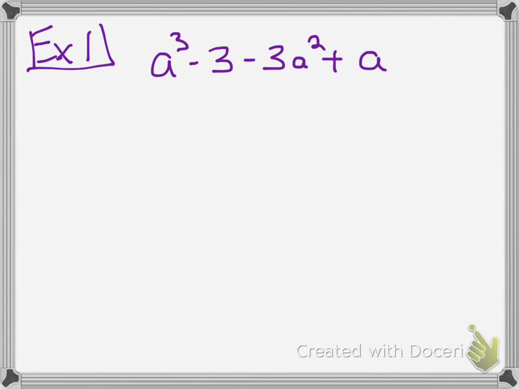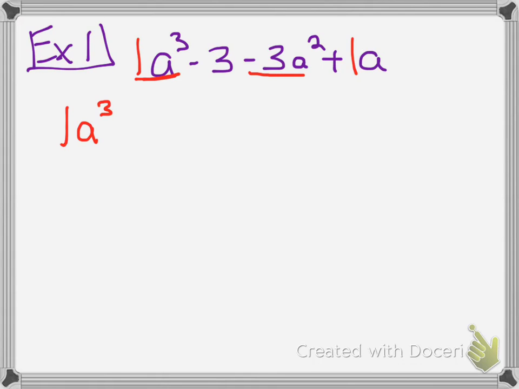So let's begin. The first thing is, if there's not a 1 there, put one there. Obviously, that hasn't changed since you had me as a teacher. The next thing is I want to rewrite it in descending order. So I'm going to write 1a to the third. That's the largest exponent on my variable, so that goes first.